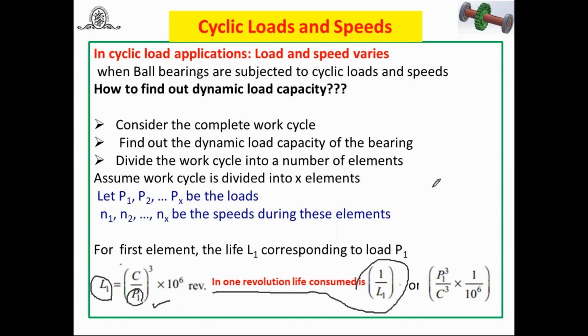Similarly, the life consumed by element 2 is 1 by L2. And you can add these based on the number of elements into which you have divided the work cycle.